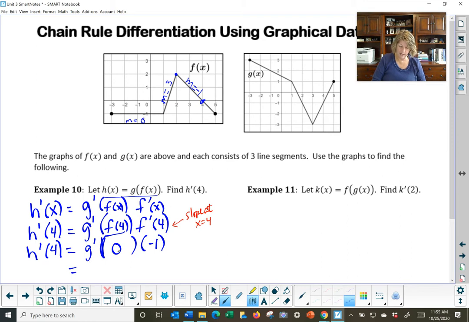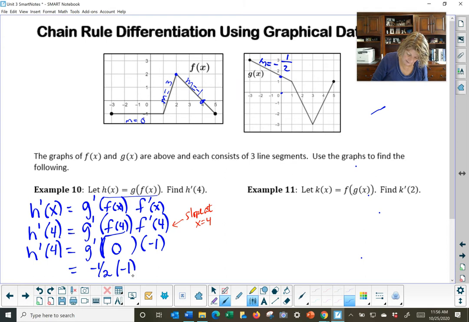Next, g prime of 0. Now I've got to go over to the g graph. g prime of 0, I need the slope along this linear function. Looks like it's down 2 over... oh, no, it's not. It's down 1 over 2. -1/2. So g prime of 0 would be -1/2.